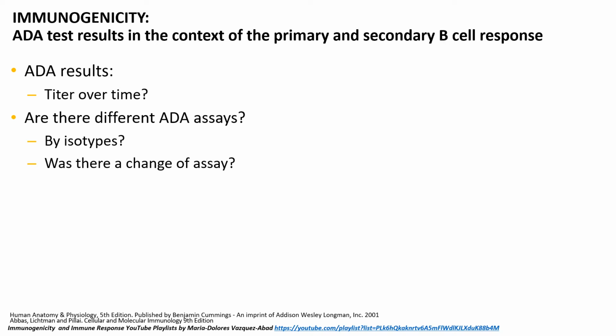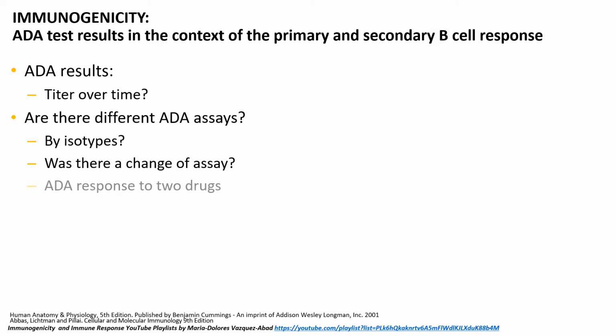Yes, we could have validated ELISA results and later on validated ECL results, electrochemoluminescence. So we can have all of these in a different drug product or approved drug or clinical program. Even in one clinical trial, we can have different assays.